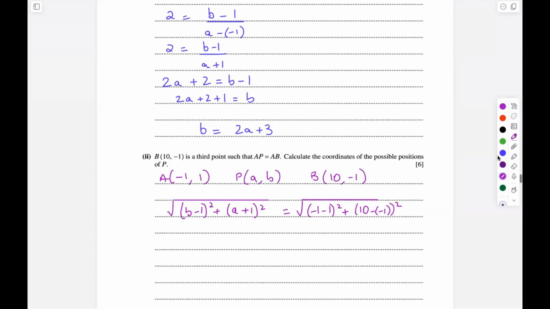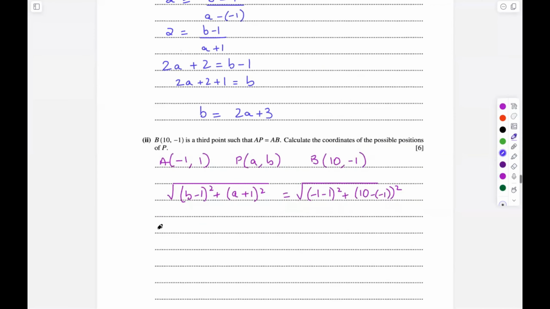Now we know from the previous expression that b is equal to 2a plus 3. So in place of b, we can write 2a plus 3, and we can cancel out the square roots, as if we square both the sides, the square roots will cancel out.